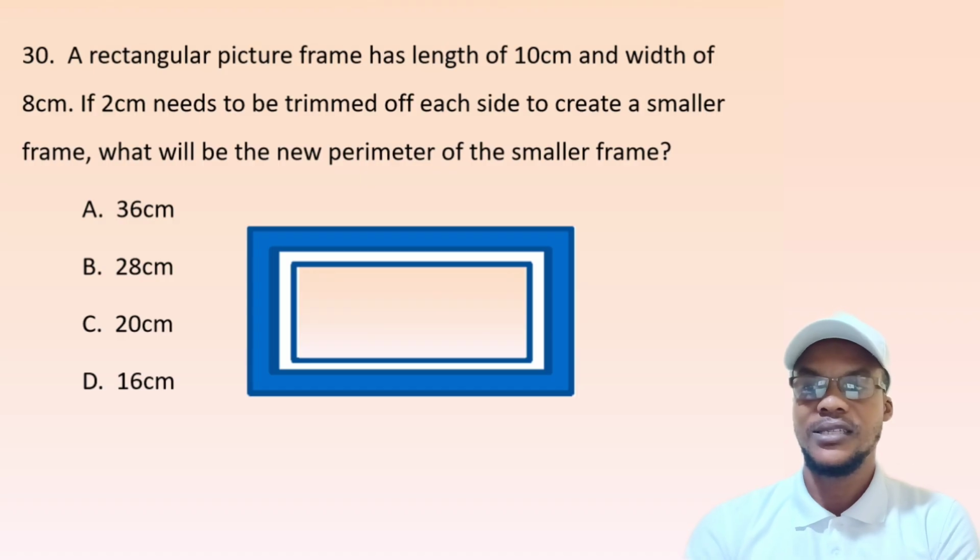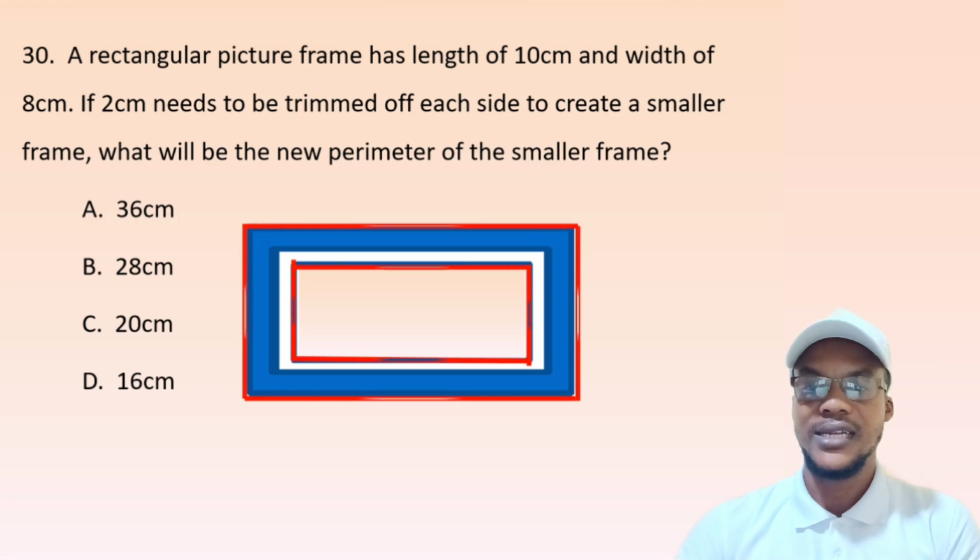If you look at this shape, let's see exactly where the frame is. You see where the red line covers. Yes, that is the frame. So inside is where the picture will be placed.